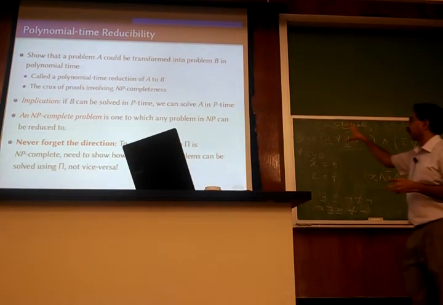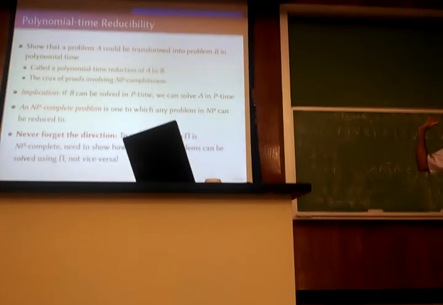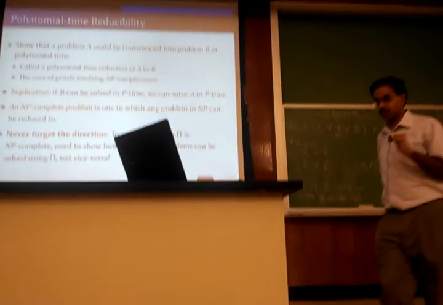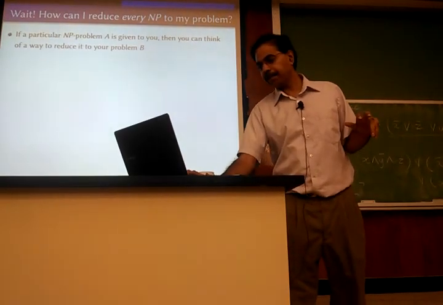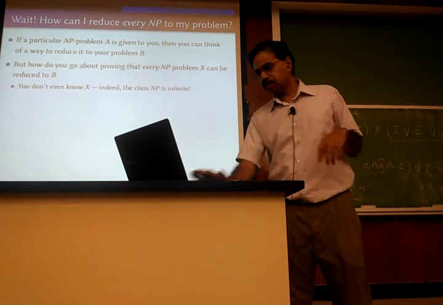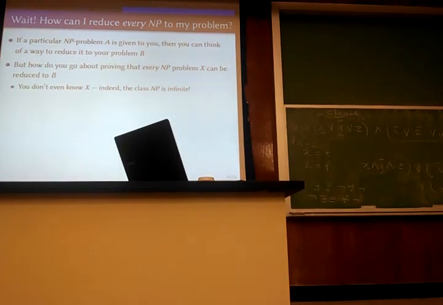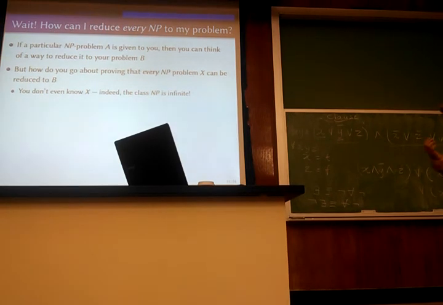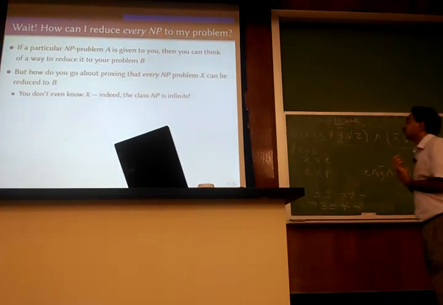So that's why we need to be clear about what the direction is and what it is that we are reducing to what. So the question is, how do you get started? A particular NP problem A is given to you.